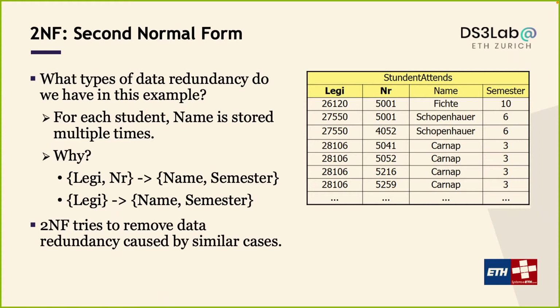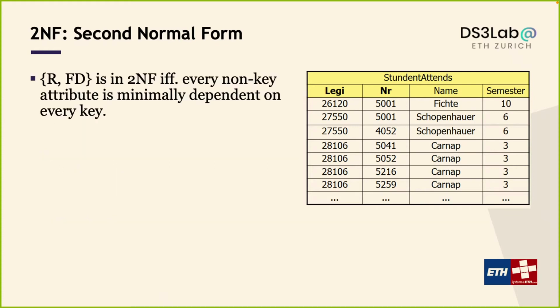So second normal form tries to remove this type of data redundancy. Essentially, when we talk about a design, it's always about a collection of functional dependencies and a logical schema R. So this design is in second normal form if and only if every non-key attribute, every attribute that's not a key, is minimally dependent on every key.